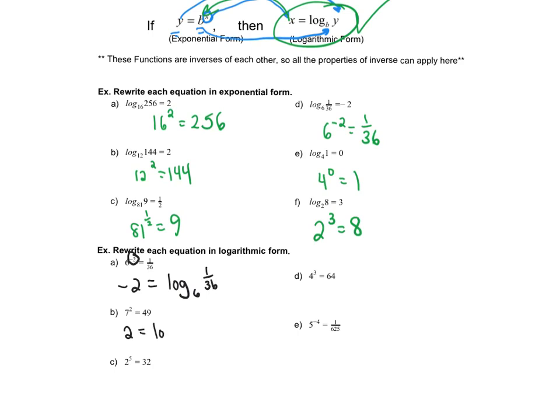So 2 equals log base 7 of 49. 5 equals log base 2 of 32. 3 equals log base 4 of 64. And finally, -4 equals log base 5 of 1 over 625.